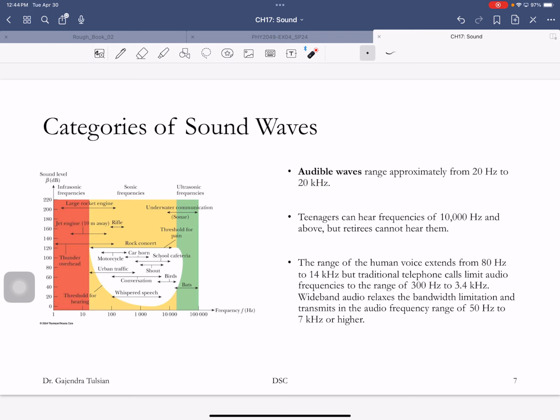Of course, sound waves can have any frequency. Well, in principle, you can't have infinite frequency, but our sensors work in that range. Okay. So teenagers can hear frequencies of 10,000 hertz and above, but retirees cannot hear them.